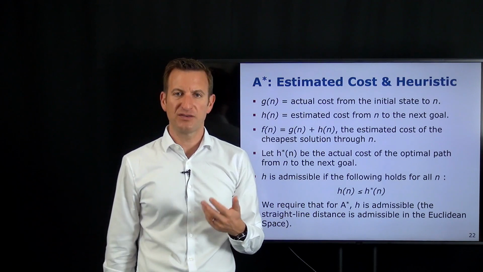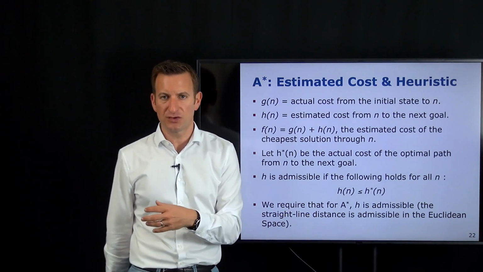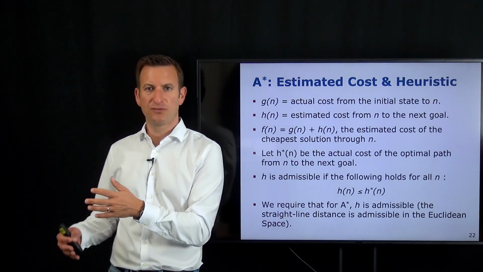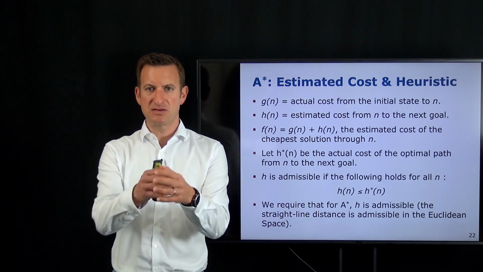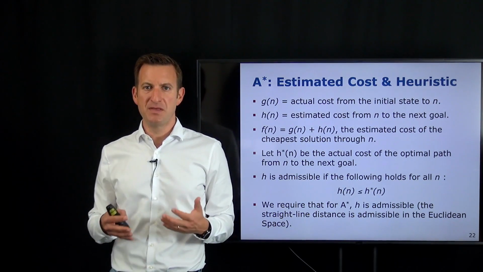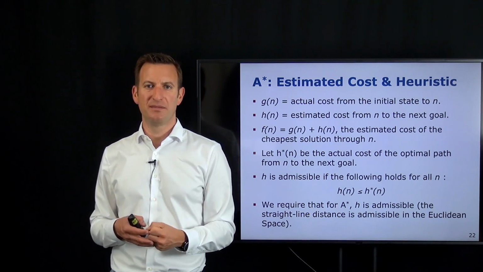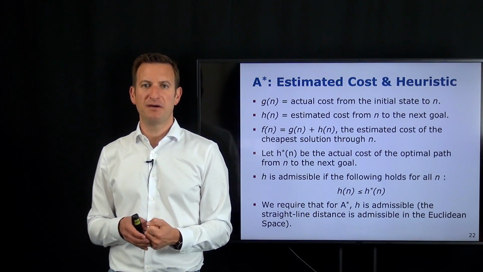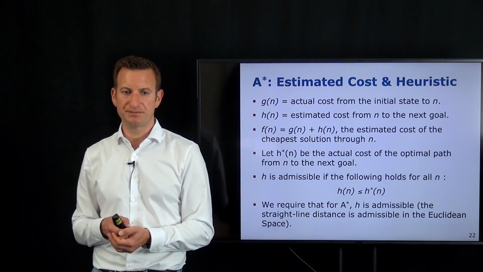And then the cost function that A star uses, often referred to as f of n, is the sum of those two costs: the cost to go from the start to a node n plus the estimated cost from n to the goal. This is the best estimate that the algorithm has of how valuable this state is for finding a shortest path or cost optimal path to that goal.